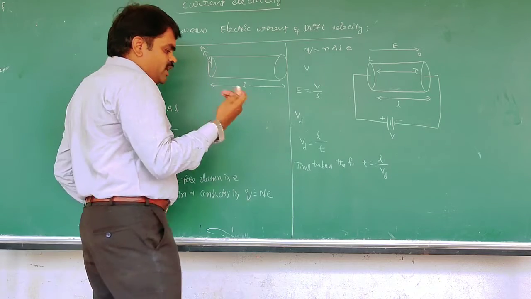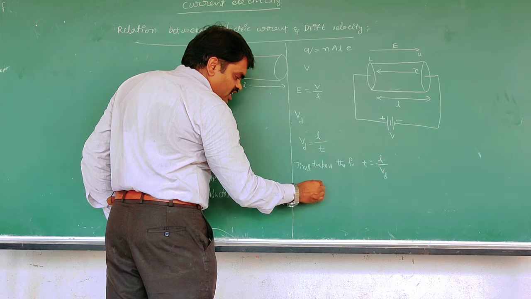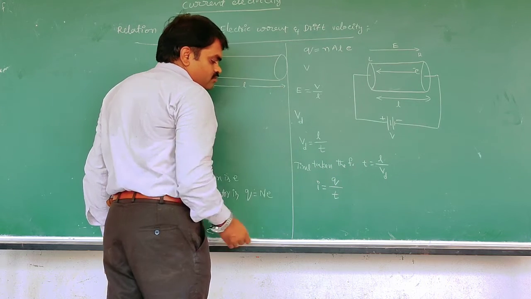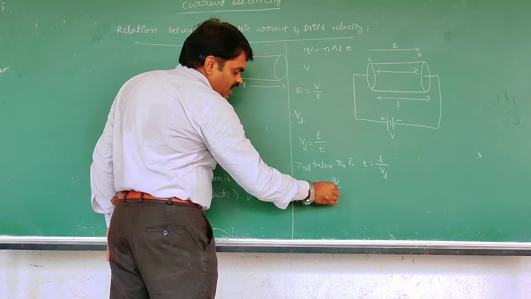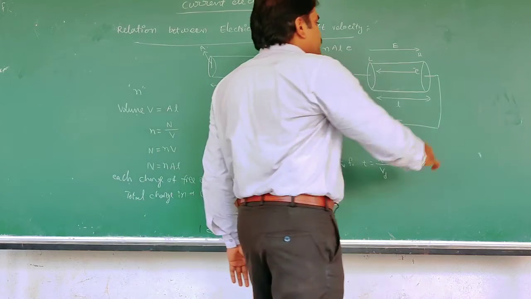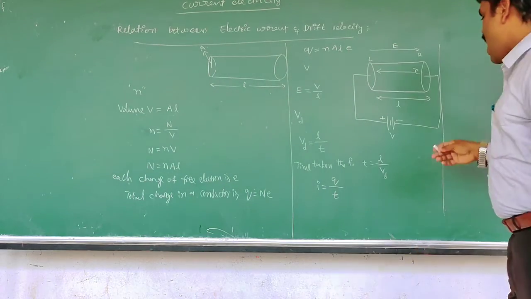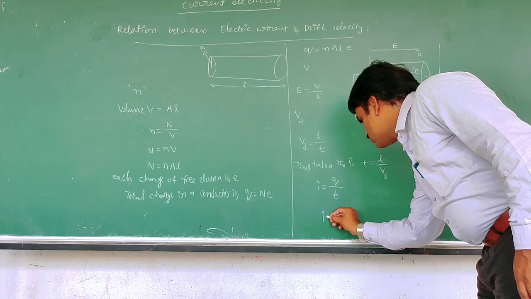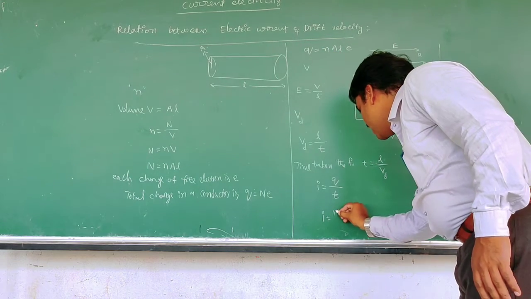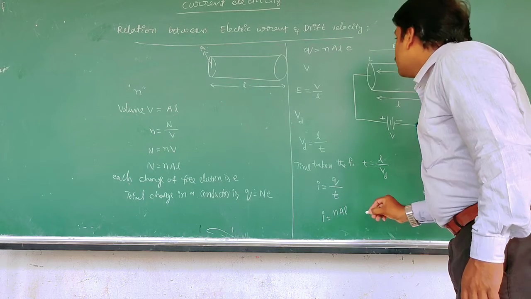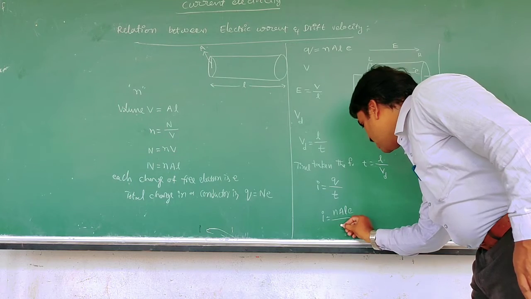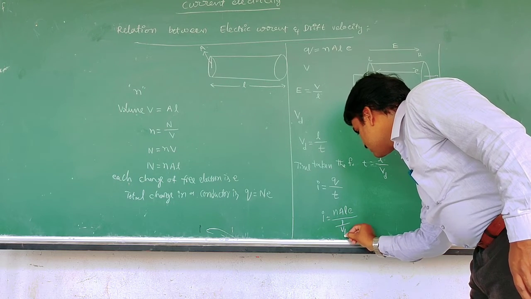Then the current will be developed. The current will flow. That is, I is equal to total charge by time taken by the electrons to drift. I is equal to Q by T. What is the Q? Total charge in the conductor is nALe, divided by T, which is L by Vd.